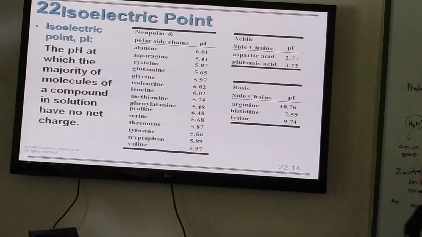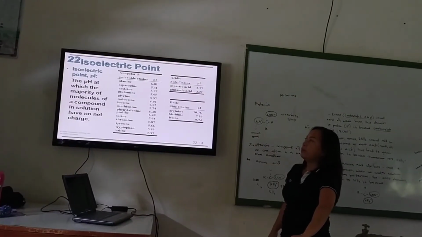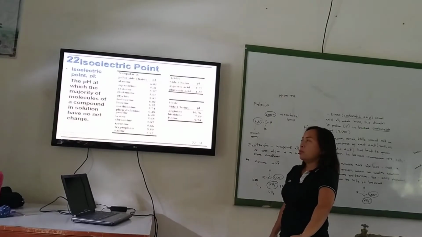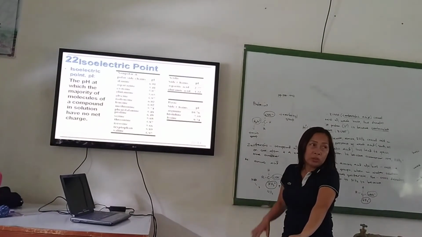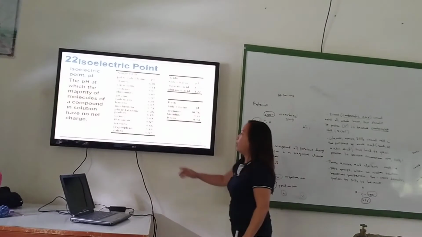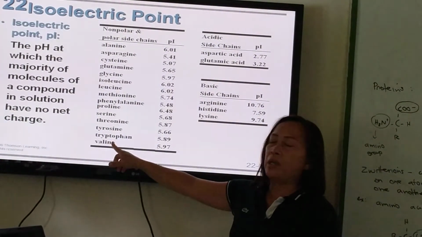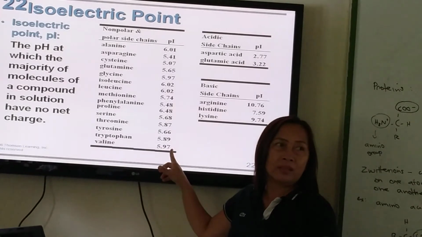So when we say isoelectric point, this is the point, class, where the majority of the molecules in a solution have no net charge. It has no net charge. Not positive, not negative. Now, for example, valine has no net charge when the pH is 5.97. That is its isoelectric point.